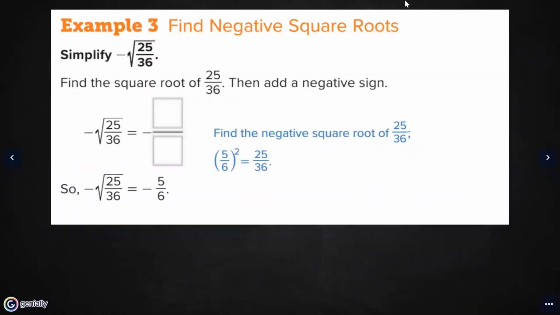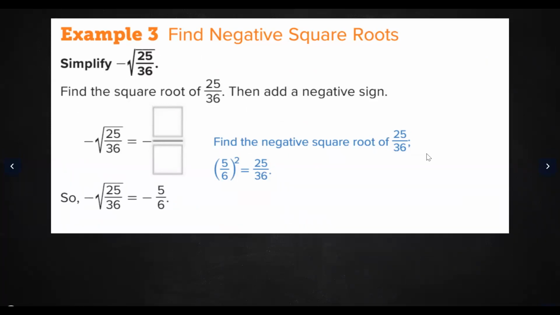Let's see another example right here. And it says, find the negative square root. And it says simplify square root of 25 over 36. What we need to do is find the square root of each of the numbers in the fraction, okay?